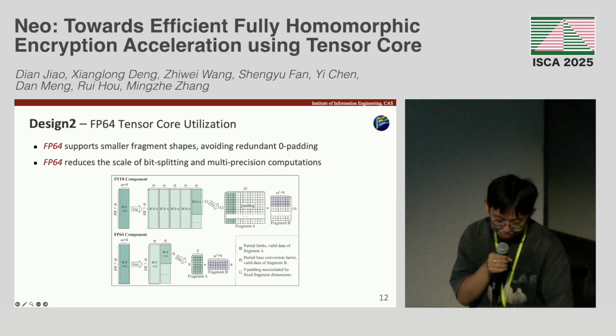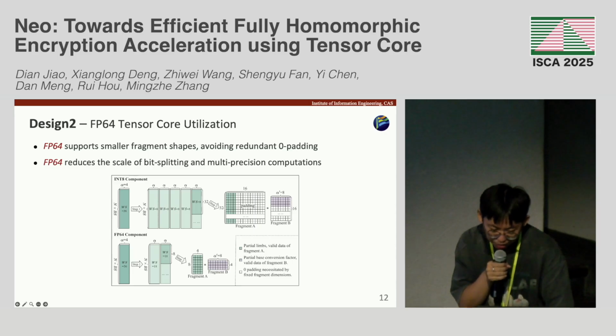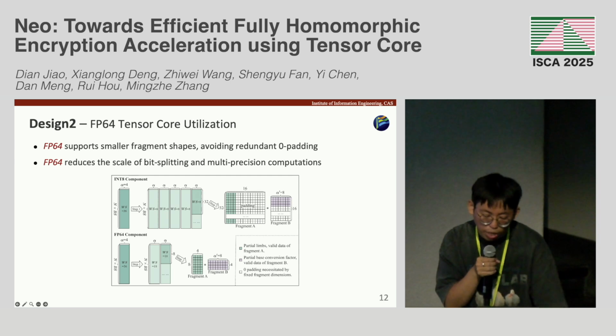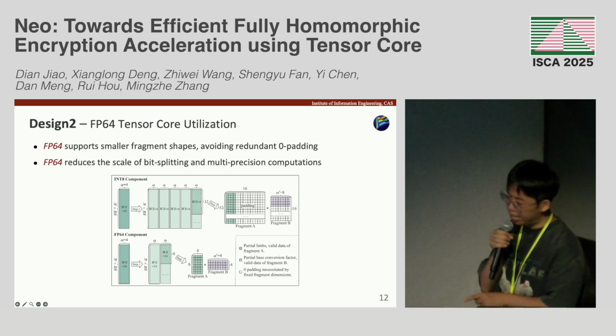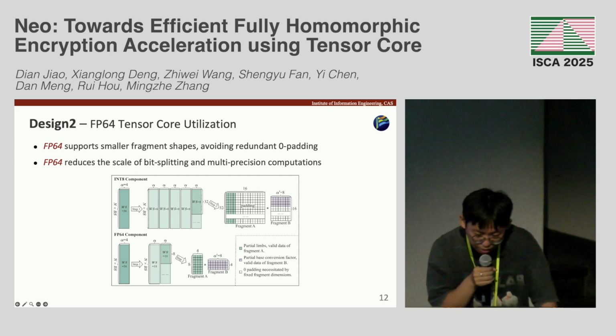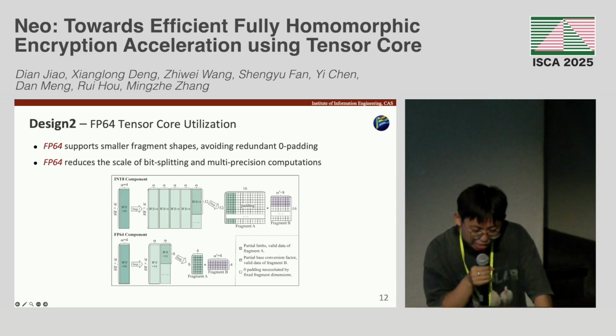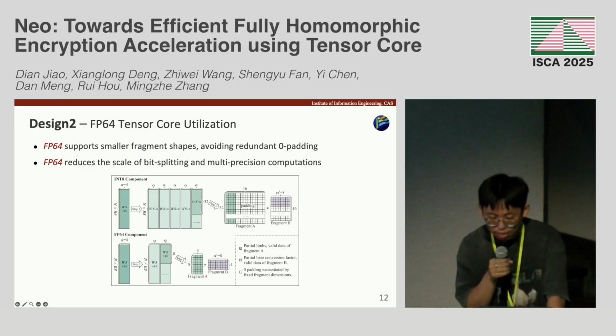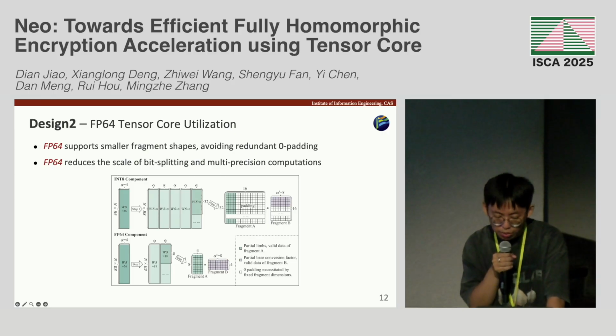In this figure, fragment A has a key dimension of 16, but only 1/4 of it contains valid data. The remaining 3/4 of the matrix multiplication involves invalid computations, severely reducing int-add component efficiency.